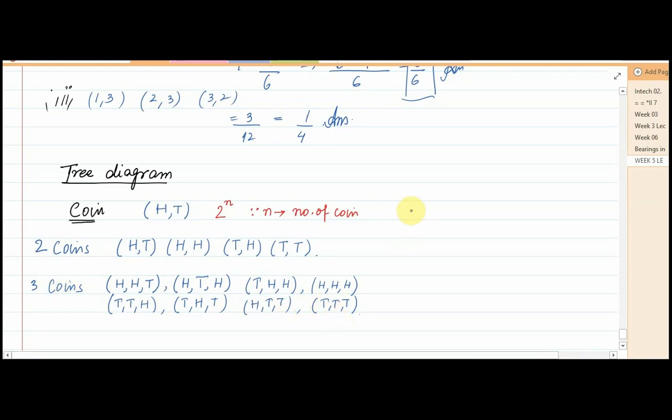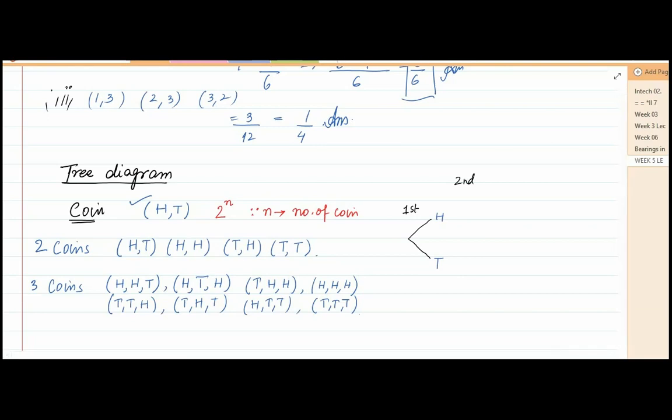First thing, I am going to start with the first coin. If I have only one coin, I have 2 outcomes, head or tail, that we have discussed here. If I add one more coin, which I am writing as the second coin, there are now 4 possible outcomes.